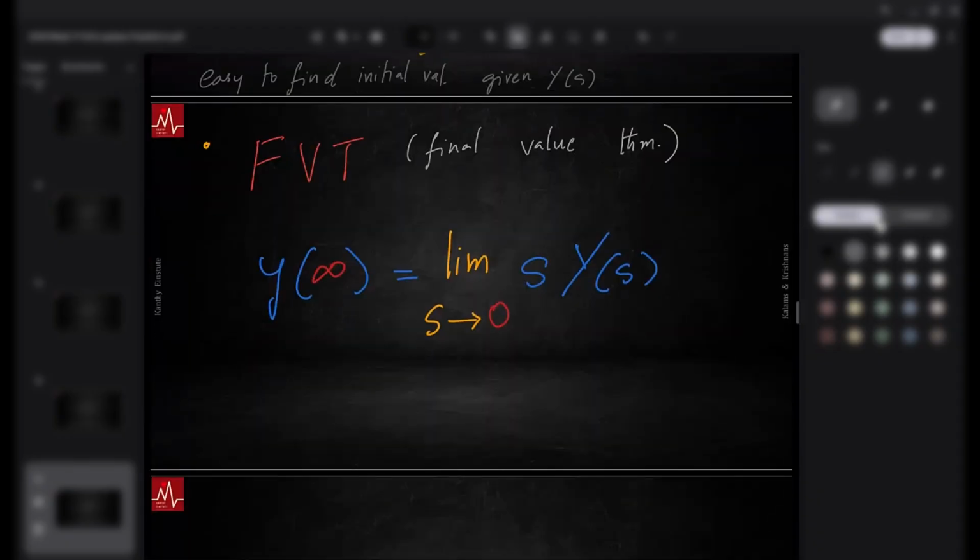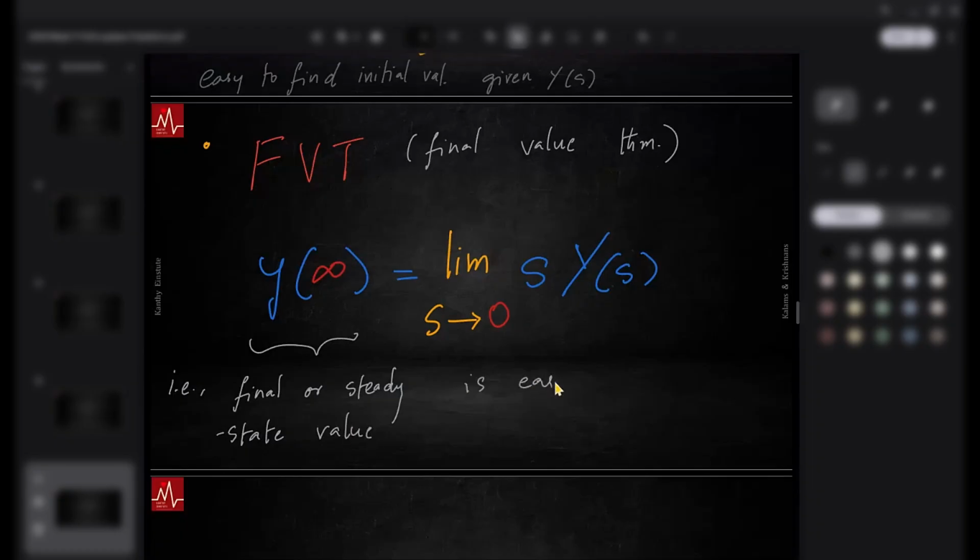So let me again put that in simple English: the final or steady state value is easy to find from the Laplace transform.